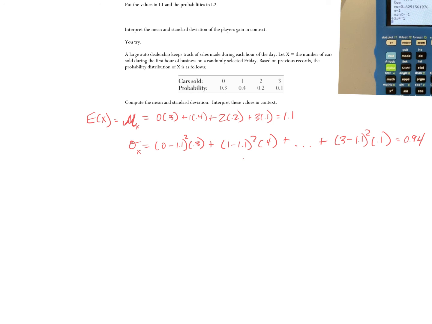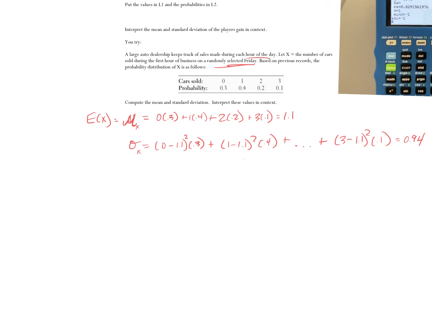Okay, don't kill me, we're not done. I want to make sure we understand how to interpret these. Now, that 1.1 was the average if the probabilities hold. And what do we know about probabilities? They only hold for a large number of trials. So in this case, each trial is a day, a randomly selected Friday.